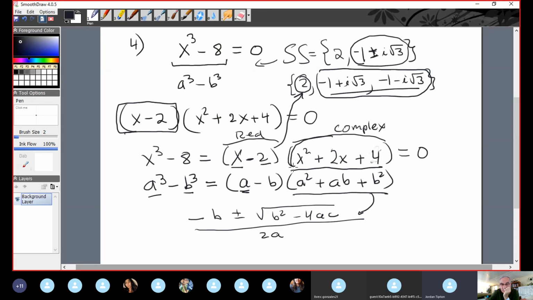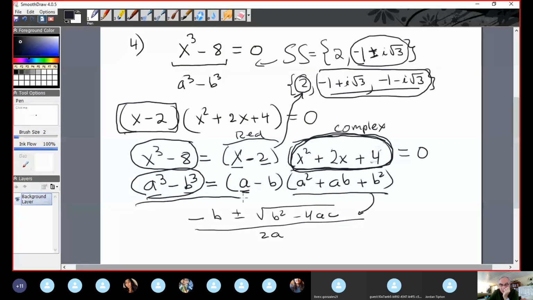Easy. This was the result of the factorization. When you factor this binomial using this formula, I put it here to see it's analogous.